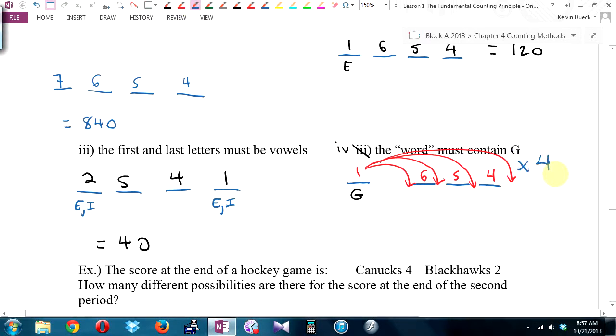It's 6 times 5 times 4 to tell you how many ways you can mix up the remaining 3 letters. Times 4, that's how many different locations you can put a G in. It can go first or second or third or fourth. Six times 5 times 4 times 4, that's going to be 30 times 4, 480? Double check me. Yeah?